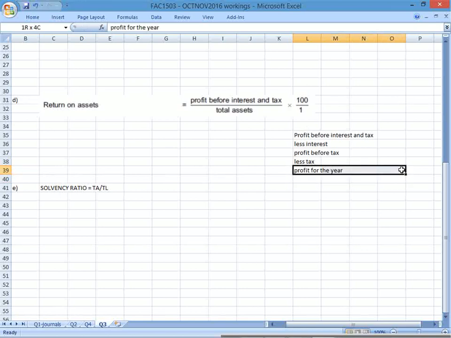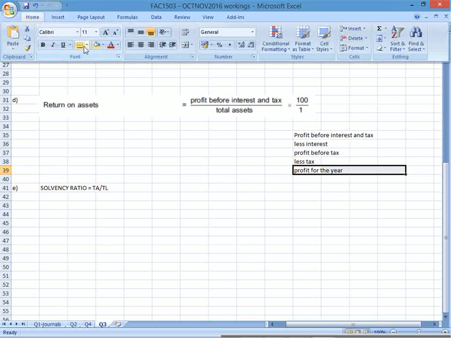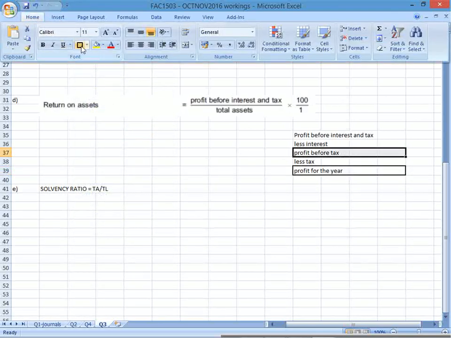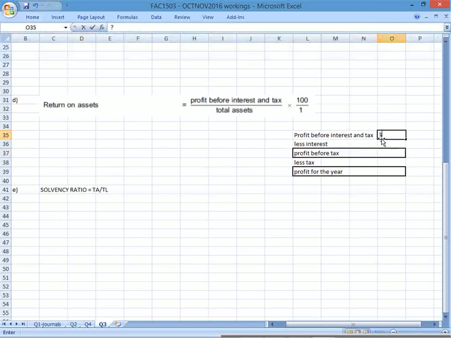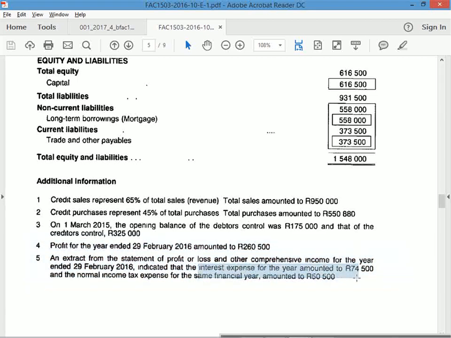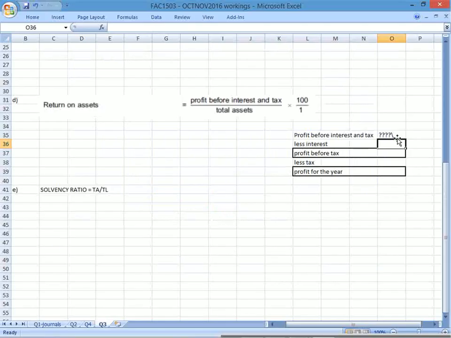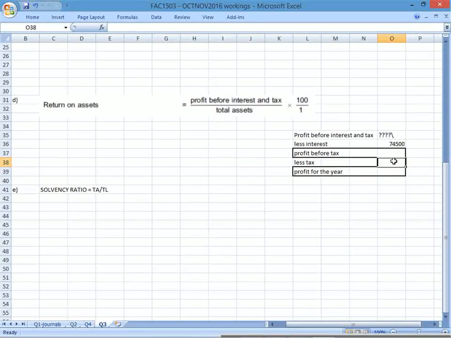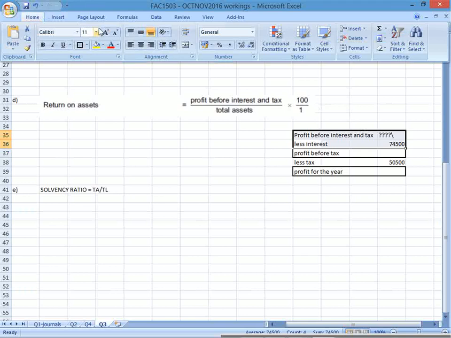Okay, so those are totals. I want to know what this is. Okay, was I given the interest? Yes. Interest expense for the year was 74,500. Tax for the year was 5,500. Okay, obviously I'm subtracting those two.